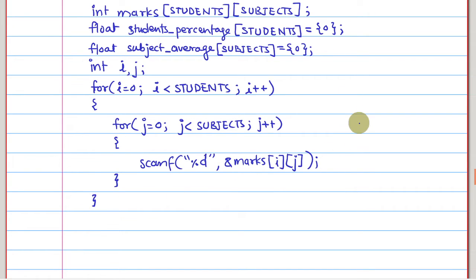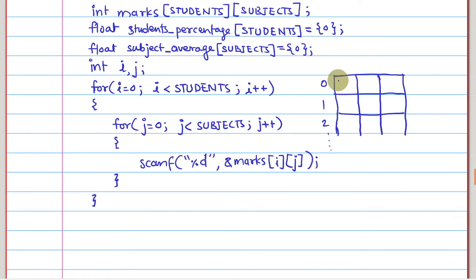Or what you can do is, we have this array where we are scanning the marks of each student, at row 0, row 1, row 2, and so on, right? And each row has 3 subjects right now, as we have declared subjects as 3, right?